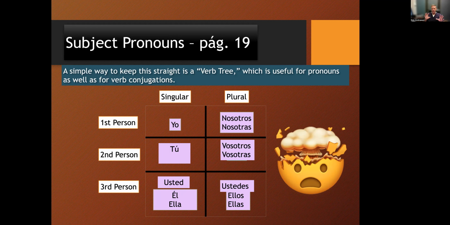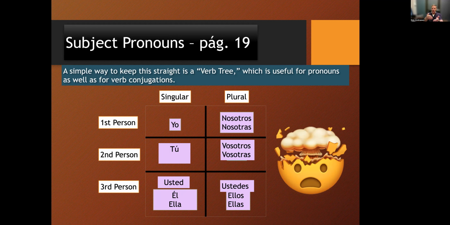You'll understand when we get to the verb ser, but just know that even though usted and ustedes are second person, you're talking to somebody, they follow a conjugation in verbs of the third person, singular and plural. And again, I'll show you that here in a second.